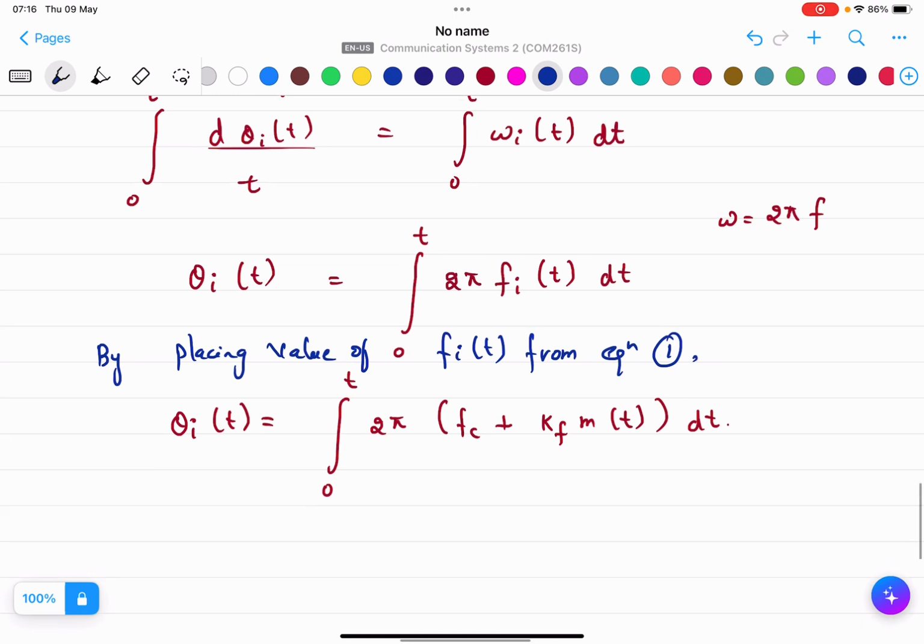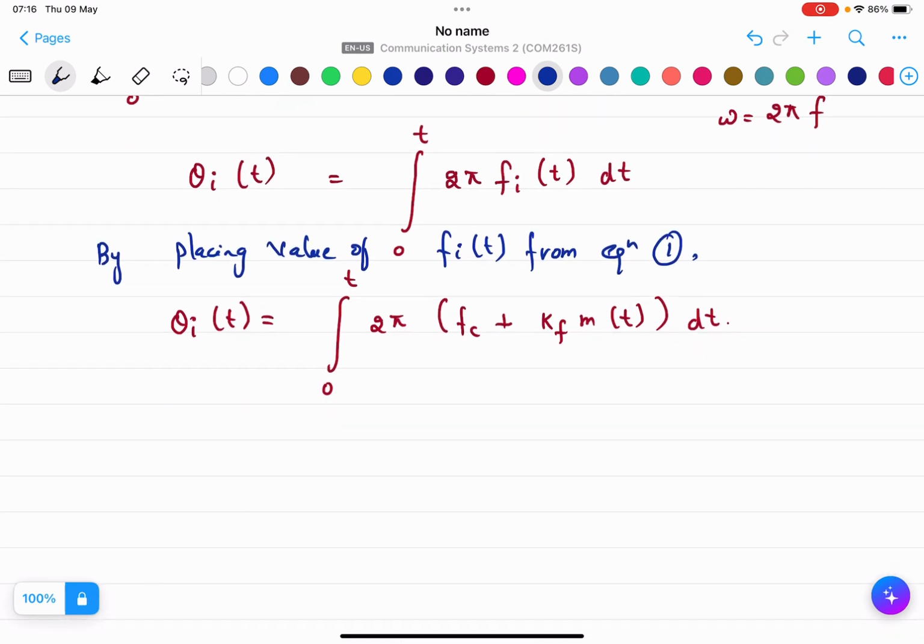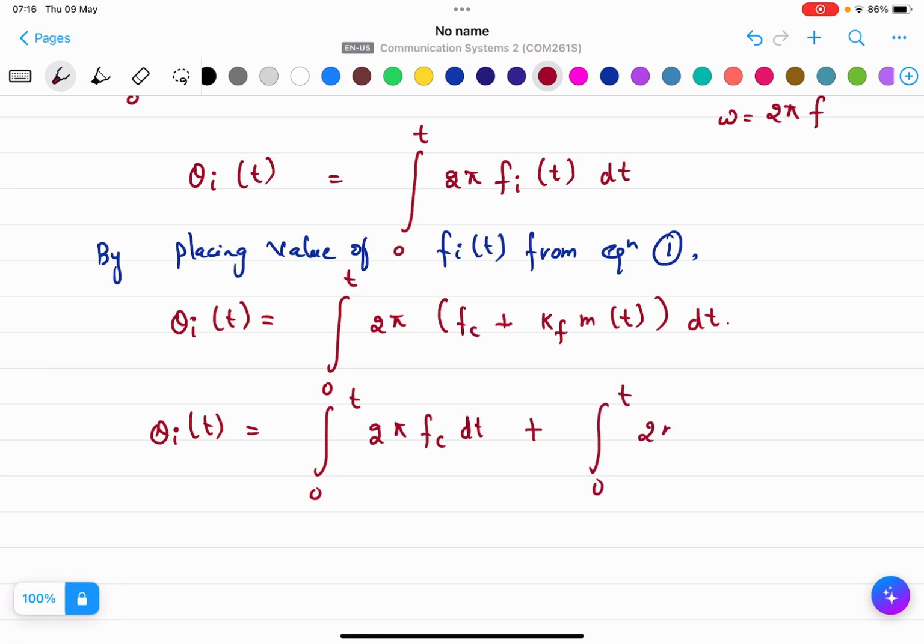Okay. So now I'll get this equation. Now again come back to this equation. Theta i(t) equals integral from 0 to t of 2 pi fc dt plus integral from 0 to t of 2 pi kf m(t) dt, right?